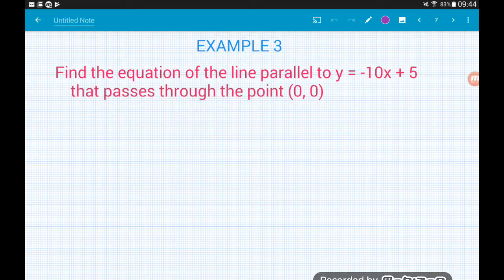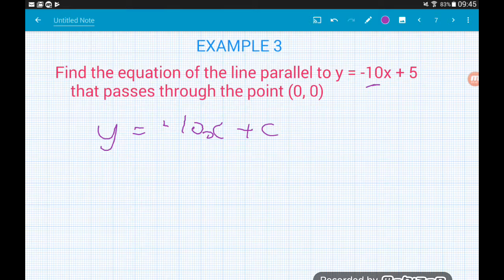So find the equation of the line parallel to y = -10x + 5 that passes through the point (0, 0). So again, the only important part of information in that equation is its gradient, and that tells us our line is something to do with y = -10x + c. Now we need to find the value of c.